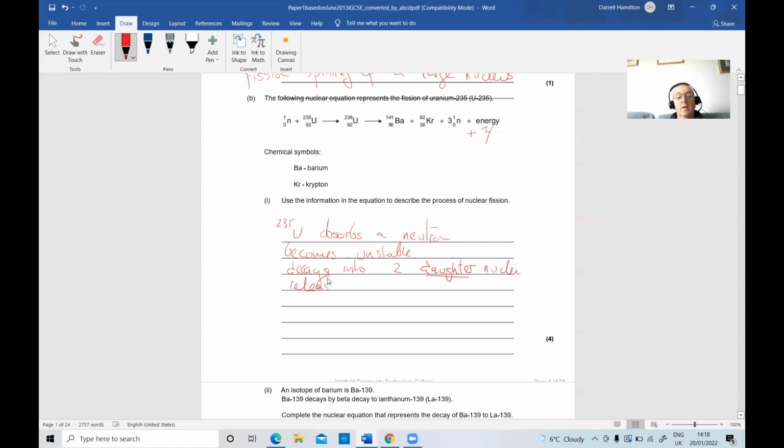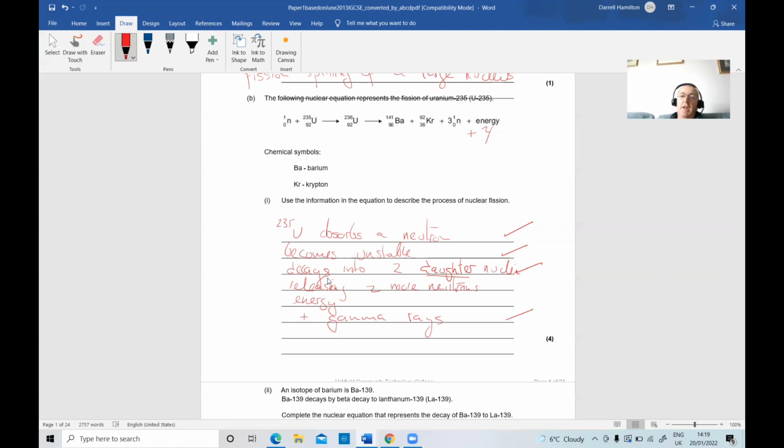Releasing 2 more neutrons, energy and gamma rays. So definitely 1 mark there. 1 mark there. 1 mark there. Definitely a mark there.